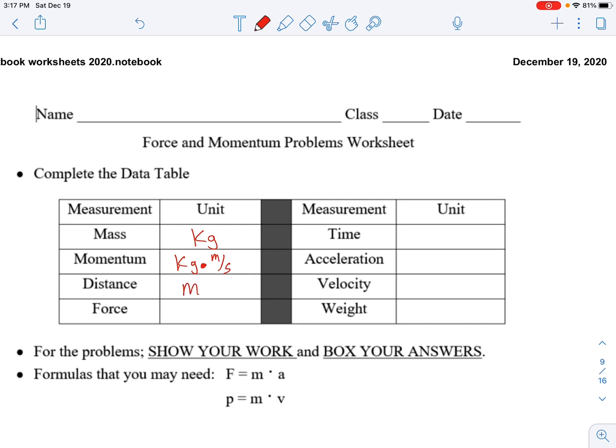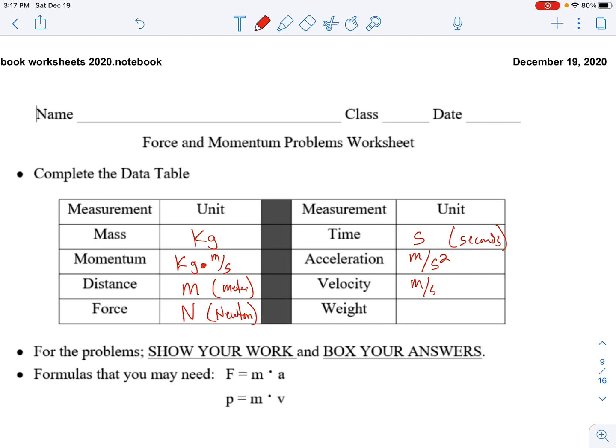Distance, we're going to use M for meter. Force is the letter N, which is newtons, named after Isaac Newton. Time is seconds. Acceleration is meter per second squared.